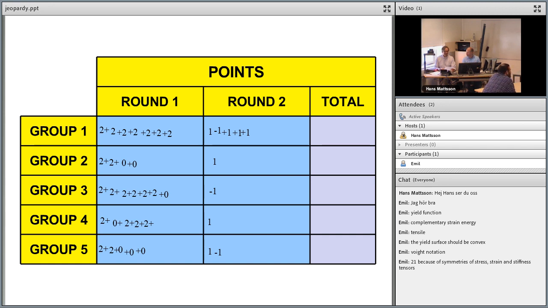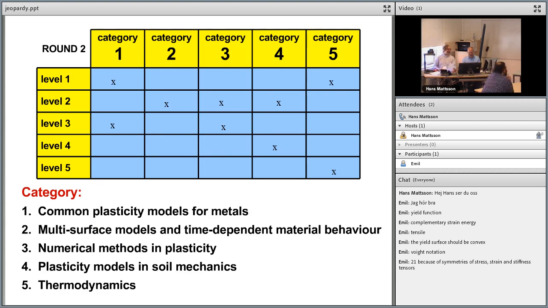No, the first answer of group 1 was correct, and I also said it was correct, and then suddenly a wrong answer comes. No. It's not so tactical, but you get your point there. Choose the question again.